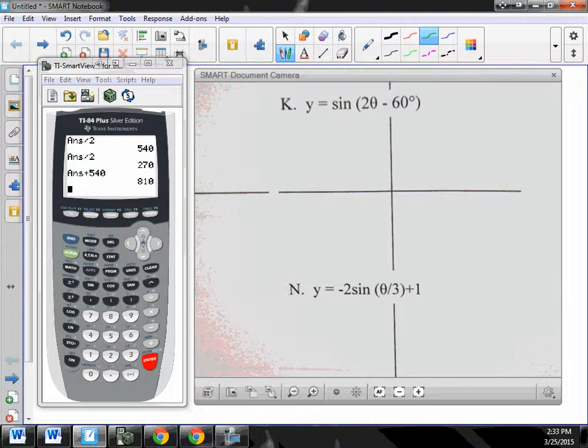60. So in this case, I would actually graph the 60 first, and then how are you going to calculate all the others? Just add 45 until you get to the last one. So 60 and 45 is 105, 150, right? 195, and 240.